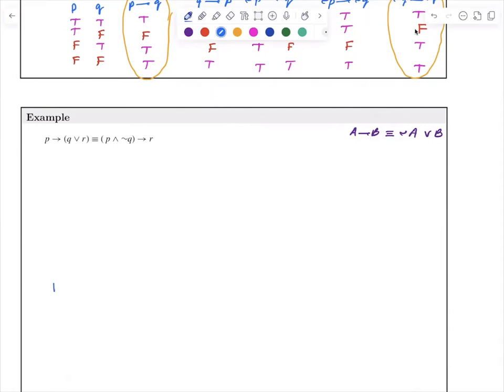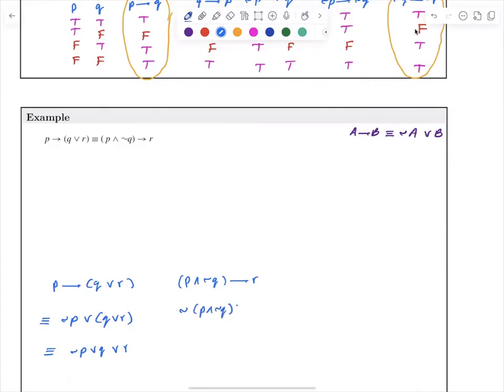So here you have P then Q or R on your left-hand side, which can be written as not P or Q or R. And then on your right-hand side, you have P and Q, then R, which is not P and not Q or R. By De Morgan's law, it is not P or not Q, or R. So as you can see, these are all equivalent.